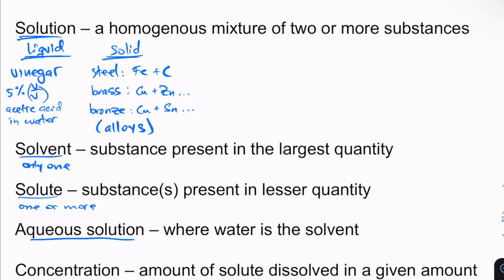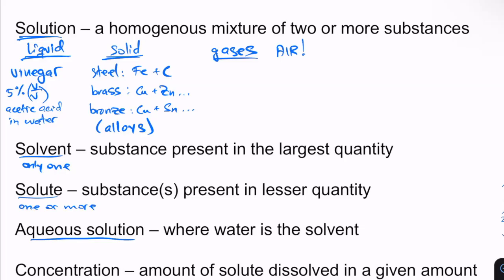You can also have a homogeneous mixture of gases. It's not just liquids that are mixtures. There's a very famous gas mixture, which I'm sure you're all familiar with. What's it called? It's called air. The atmosphere, right? Air is a mixture. Who knows what the solvent in air is?